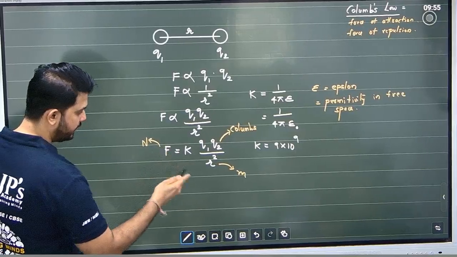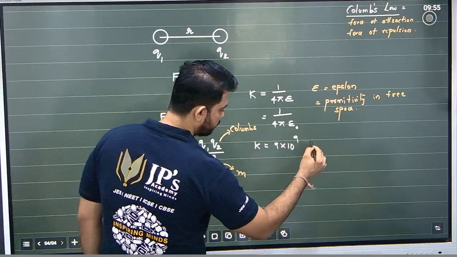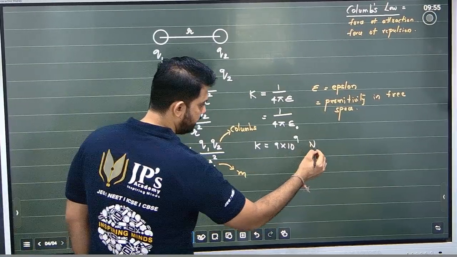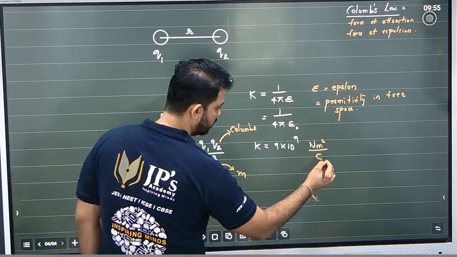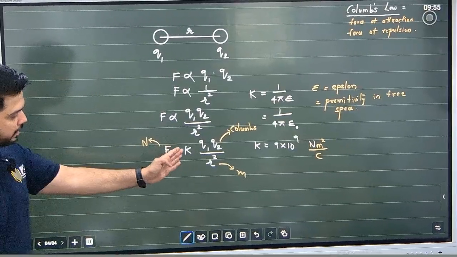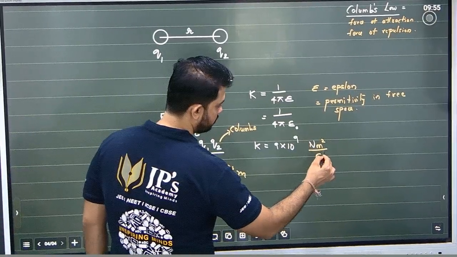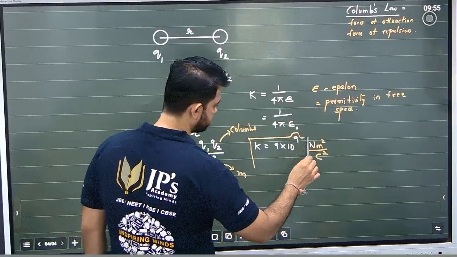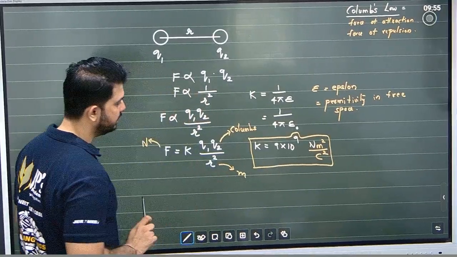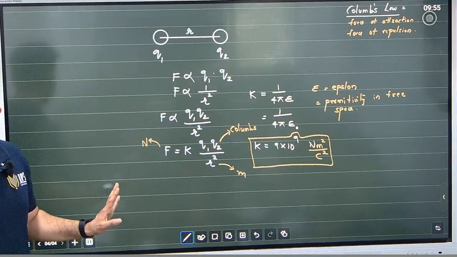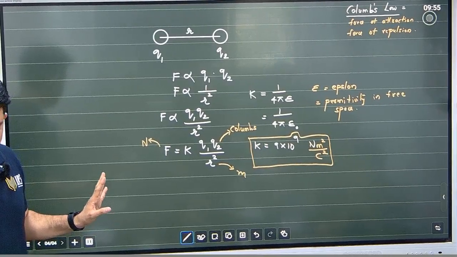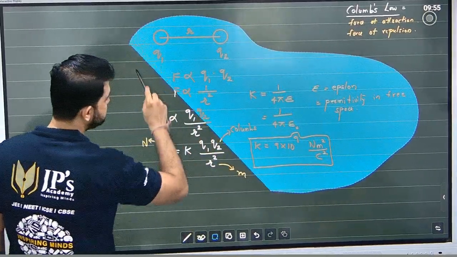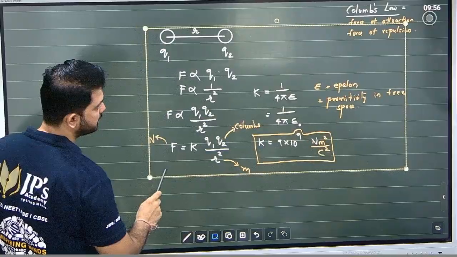So in the numerator I have force, which is Newton meter square, over coulomb square for Q1 into Q2. You can say coulomb, it's fine: Newton meter square per coulomb square. Did you people get that? Okay.